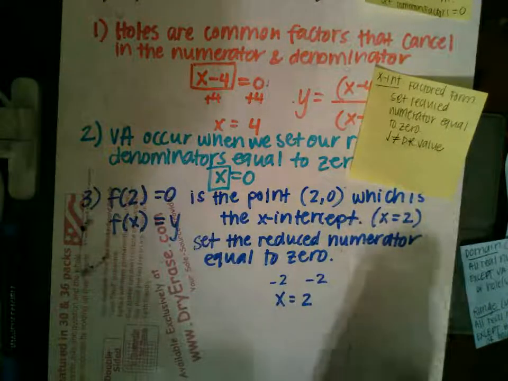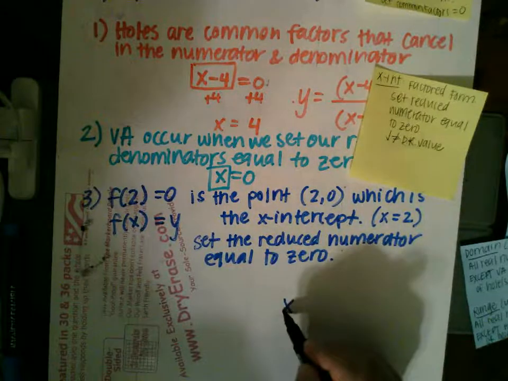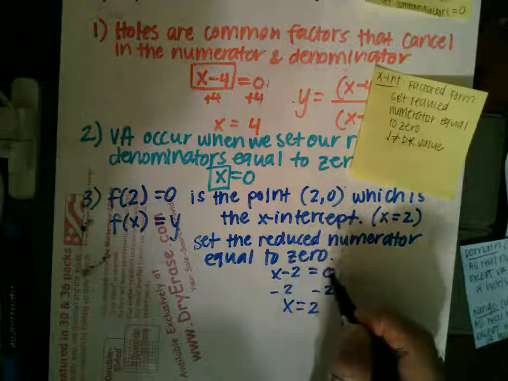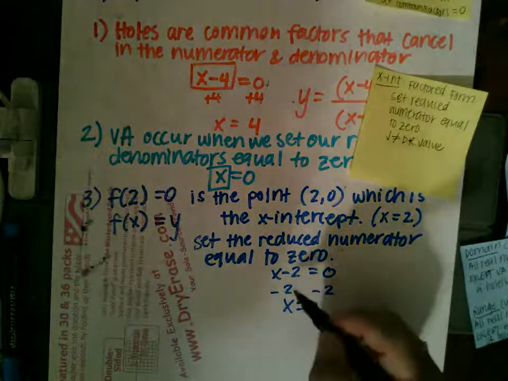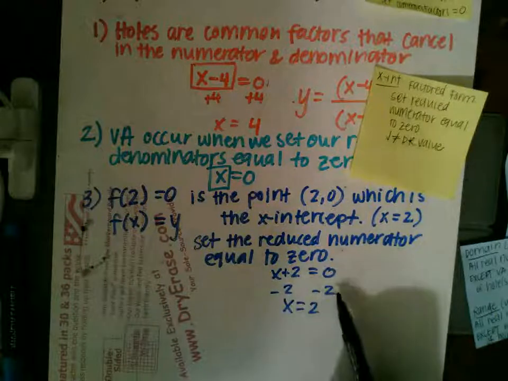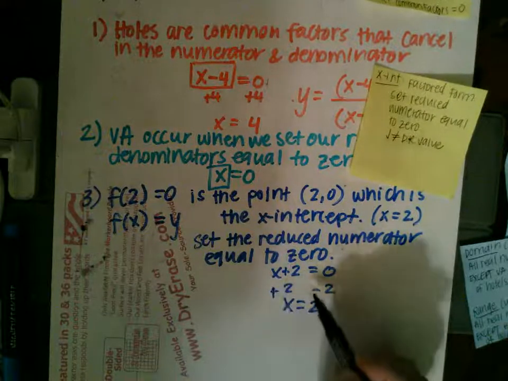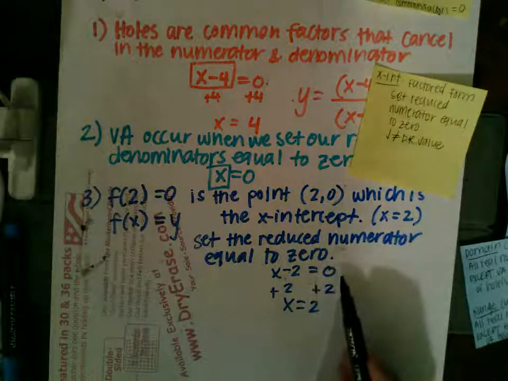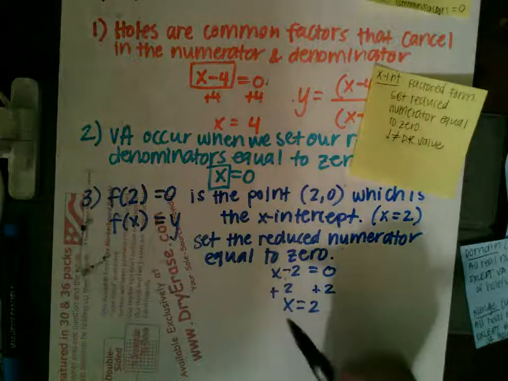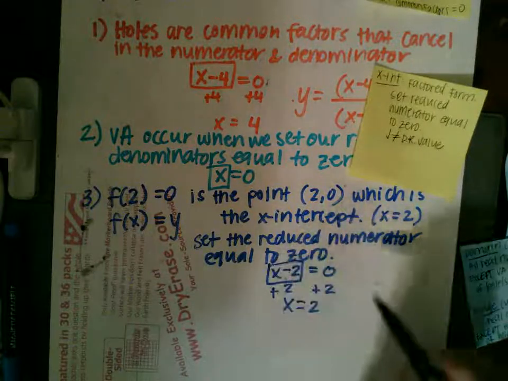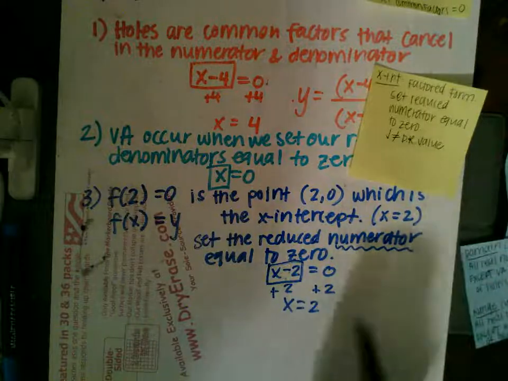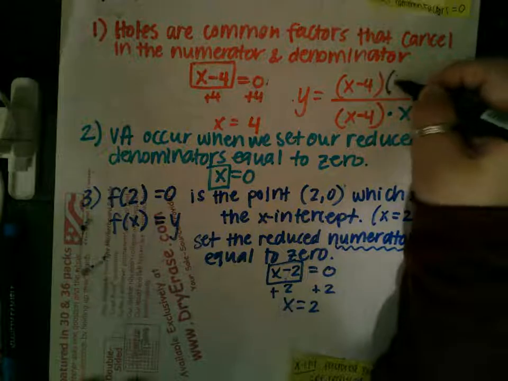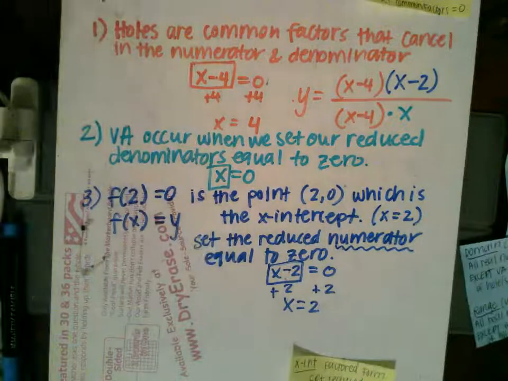Subtract 2 from both sides, I get x plus 2 equals 0. Nope, backwards. X minus 2 equals 0. Add 2 to both sides, I get x equals 2. So my factor in the numerator is x minus 2.